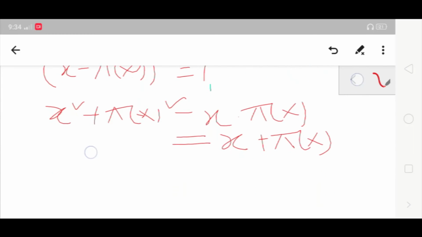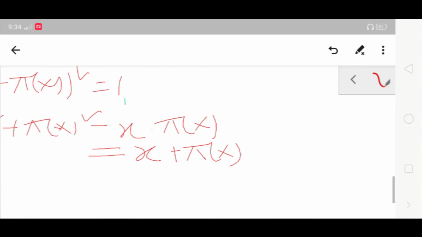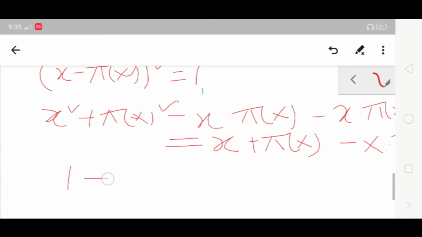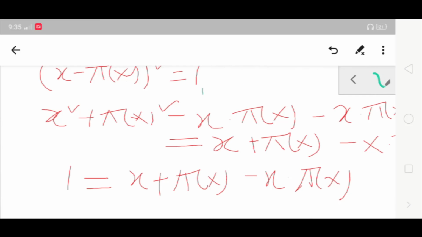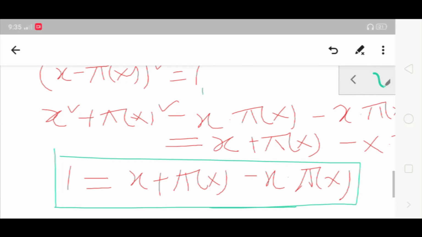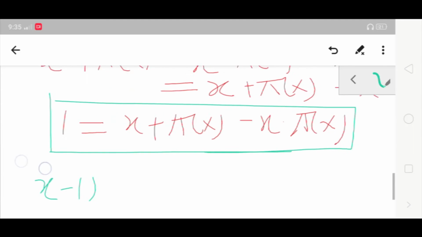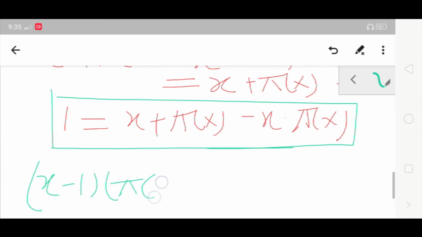Okay, now I should add minus x times pi x on both sides. So we get that 1 equals x plus pi x minus x times pi x, and it's pretty obvious. From here we get that (x minus 1) times (pi x minus 1) equals 0.